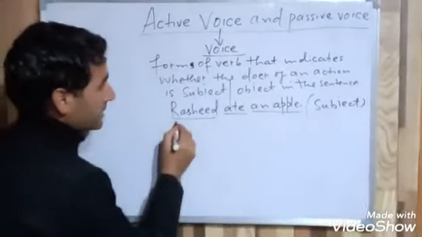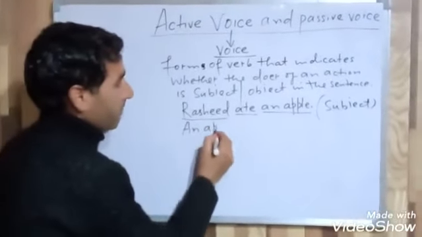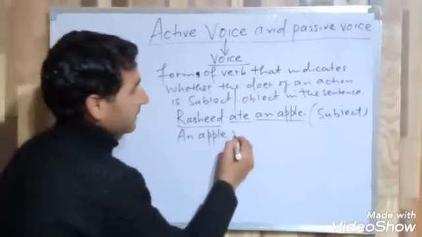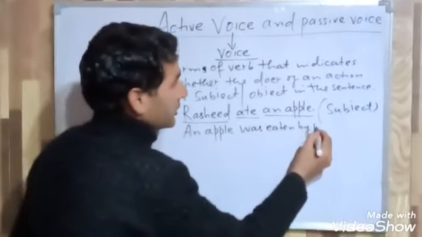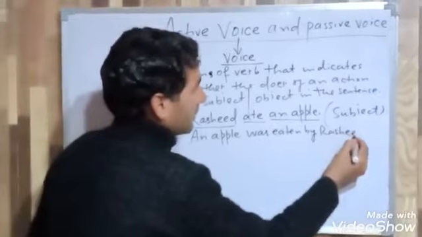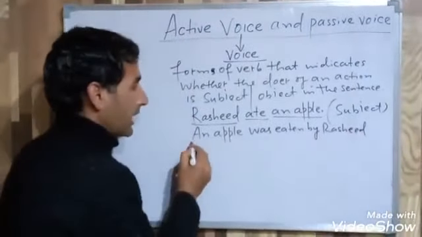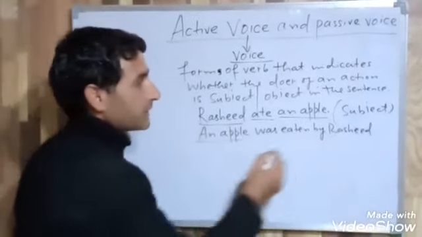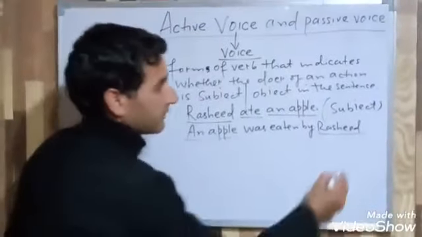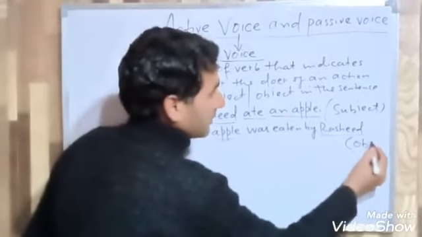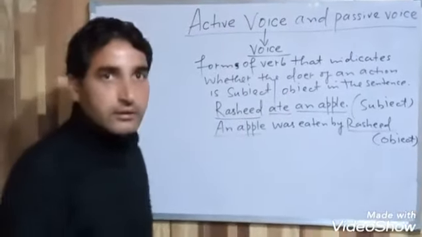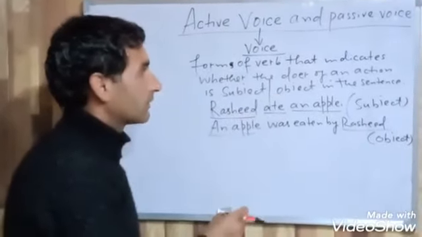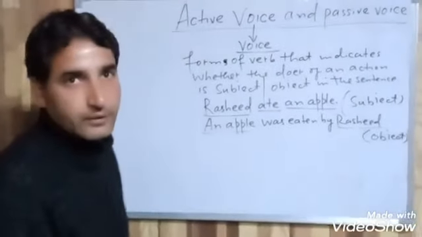Now in another sentence, an apple was eaten by Rashid. Now in this sentence, an apple is subject, but the doer is Rashid, that means object. So this is the simple definition of voice.